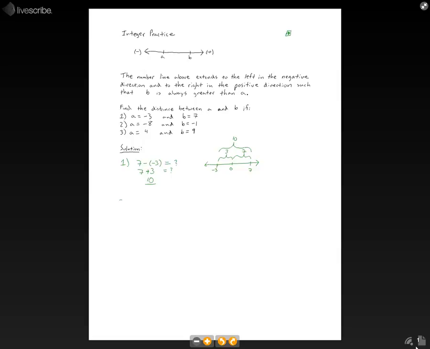So let's look at number 2. A equals -8 and B equals -1. We'll take our larger number, in this case -1, and subtract from it the smaller number, -8. -8 is smaller because it's a larger negative value, so it's actually smaller than -1.